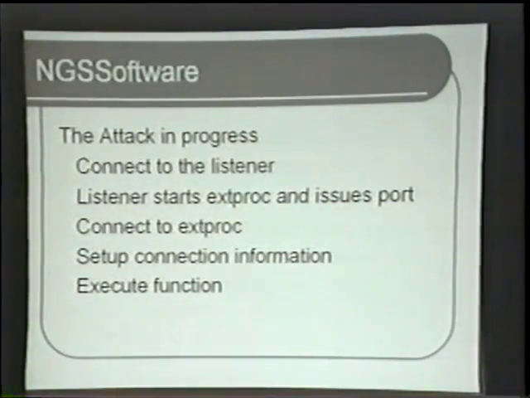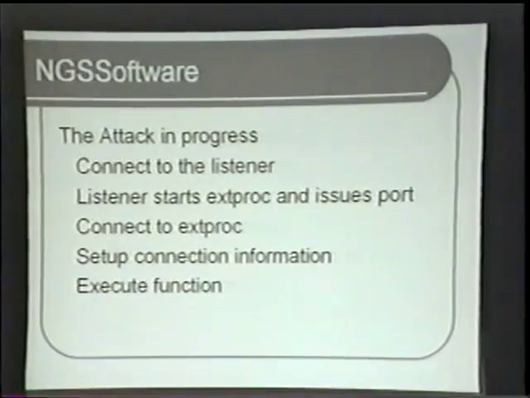So now we try and connect and we get the command completed successfully. So we now essentially own this Oracle box. We've created an administrative account. These commands were running as SYSTEM, by the way. Oracle by default runs as SYSTEM, so any command we execute, or any function we execute rather, and it just so happens we're executing the system function here that allows us to run commands, will run with full privileges over this computer.